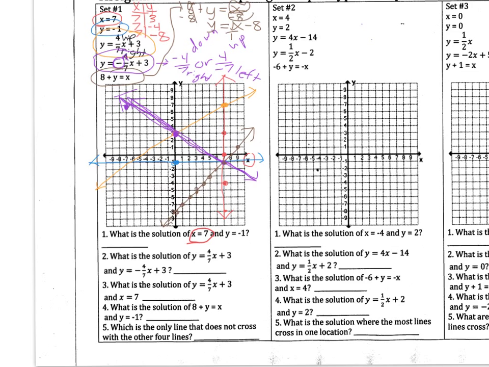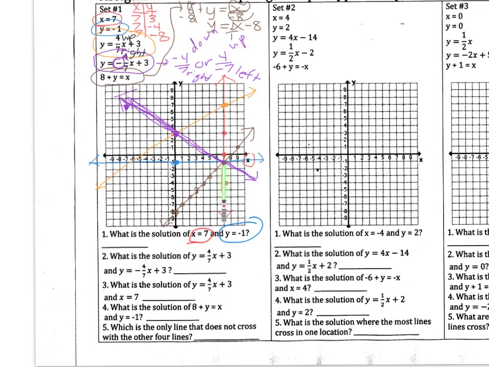And y equals negative 1 was the line in blue. So the question is asking, what is the solution of x equals 7 and y equals negative 1? The solution means, where are the red and blue lines crossing?